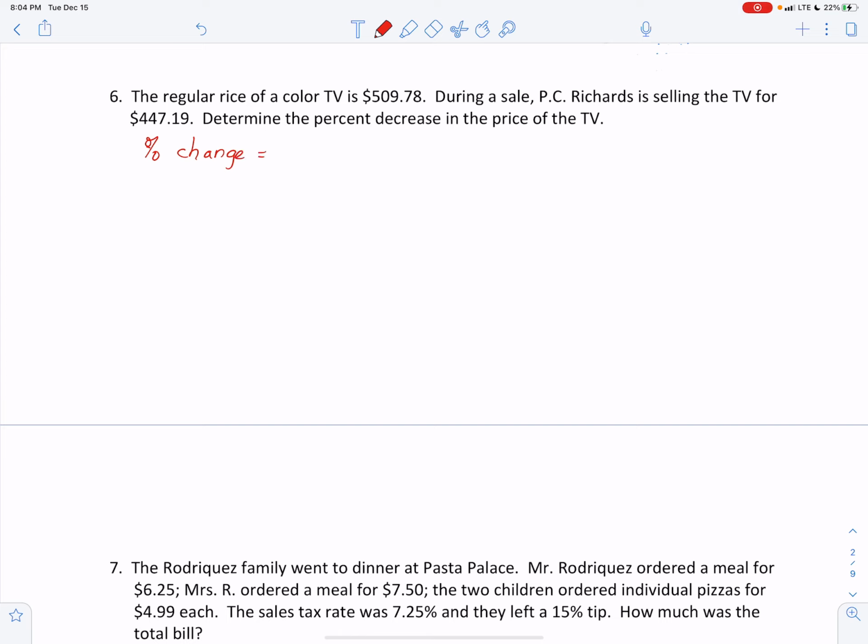We can find the percent change by taking the latest amount minus the previous amount divided by the previous amount.